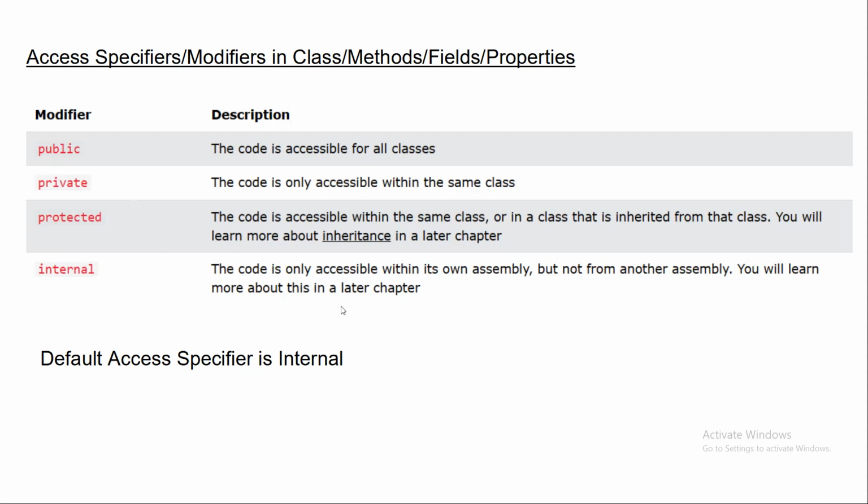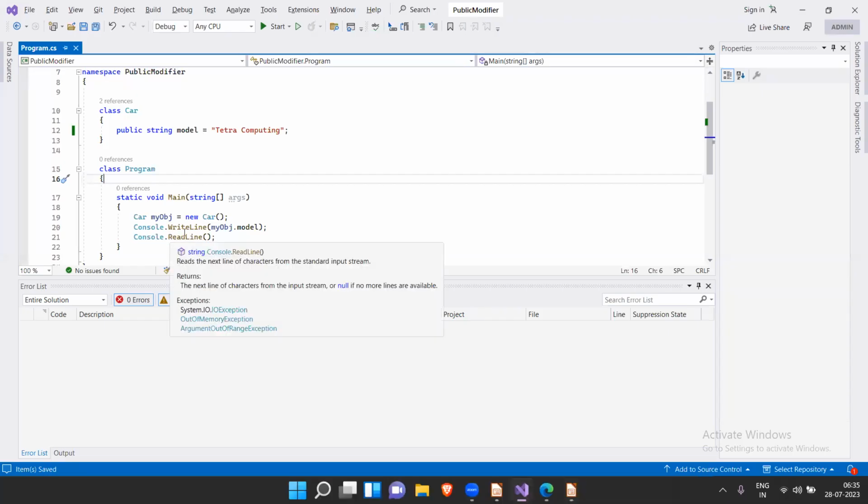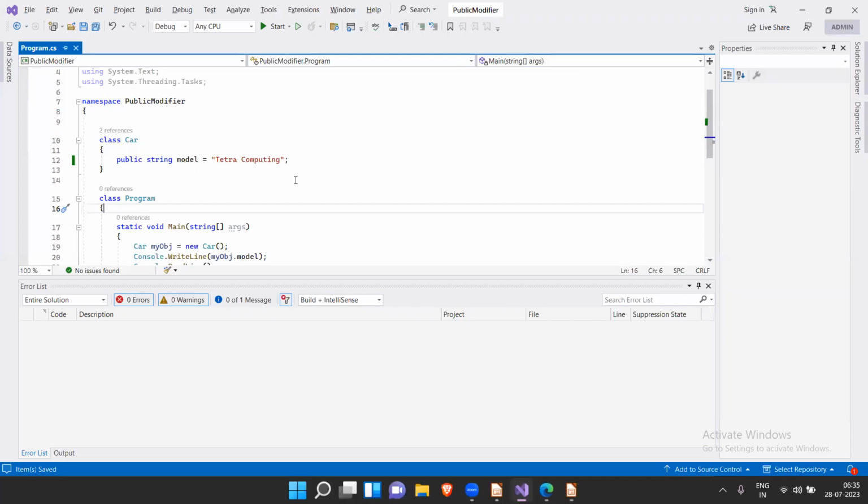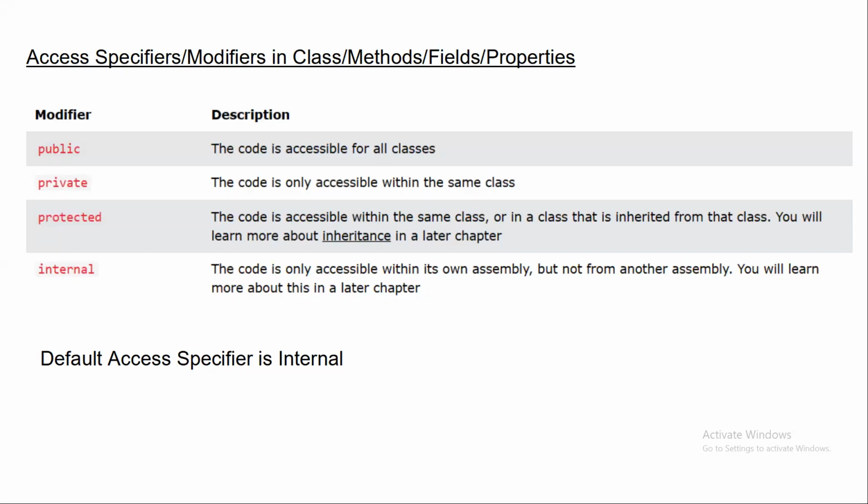And internal is what we normally use in most of our programs. Say you are writing some 10 classes, and you are binding all these 10 classes into one common single DLL, or you can say a single namespace. If you define as internal, it works in the classes which are bound by the same namespace or same DLL.